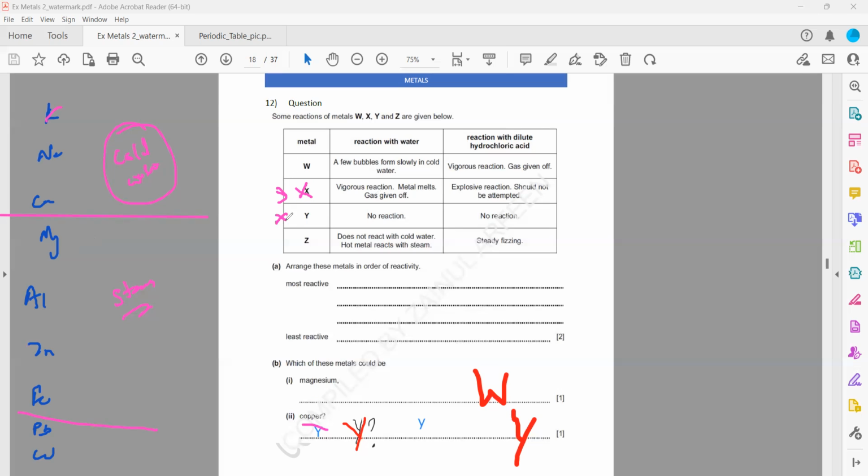It cannot be Y as well. It does not react with cold water, but hot metal reacts with steam.